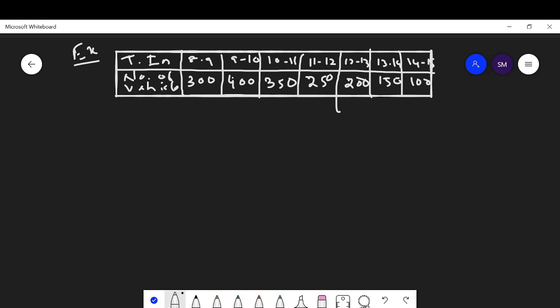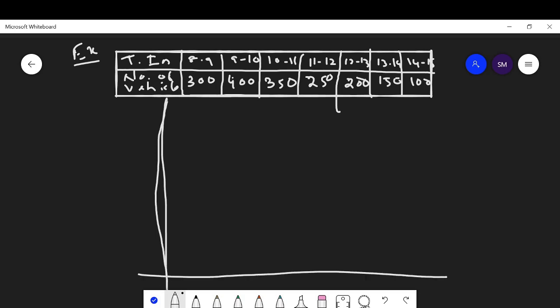Then we have to represent this in a bar graph. Draw the straight line and draw the bar graph. Suppose this is 0 and this is 50, this is 100, this is 150, this is 200, this is 250, this is 300, this is 350 and 400. Okay.